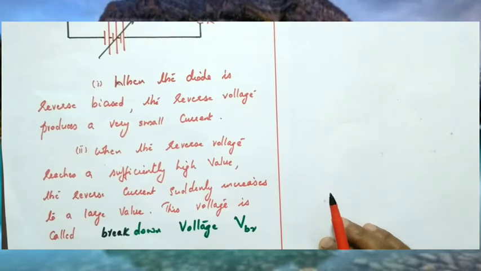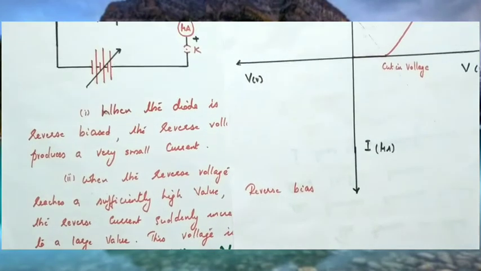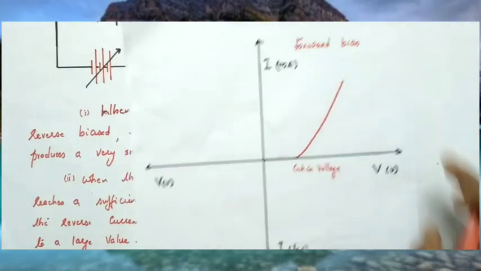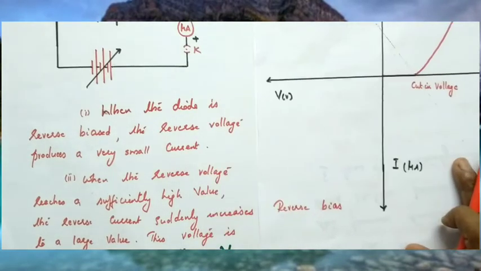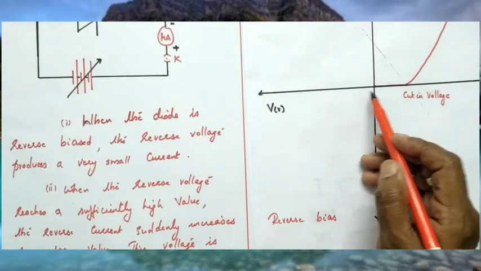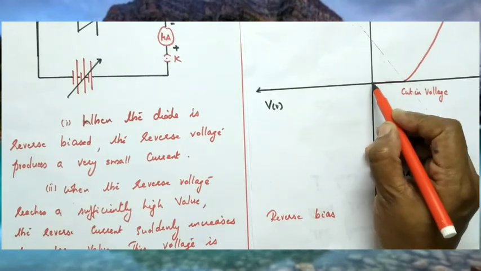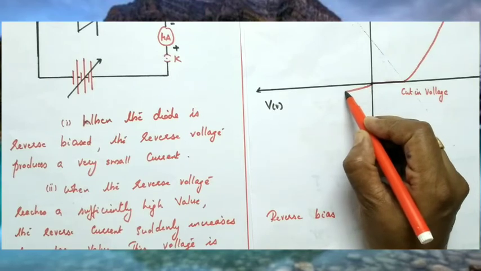If you consider the graph, here we can draw it. Already in the first quadrant we had drawn the forward bias graph, and here in the third quadrant we can draw the reverse bias graph. As the input voltage increases, what happens to current? Current increases very slightly, almost negligibly.